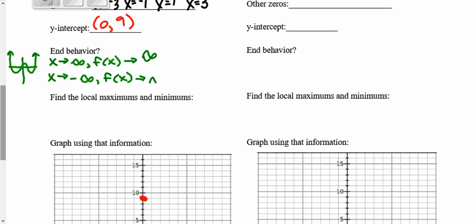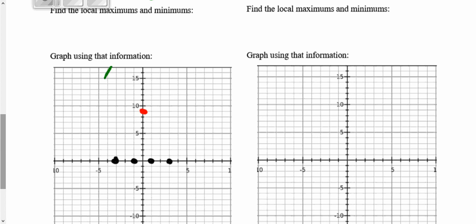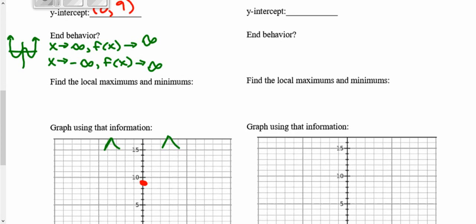It doesn't matter if it's on the left or the right, they're both pointing up. The reason that that's helpful on your graph is because now you know that both ends are pointing up, so when we go to connect our points, we know that at the beginning and the end of the graph, it should be facing upwards.